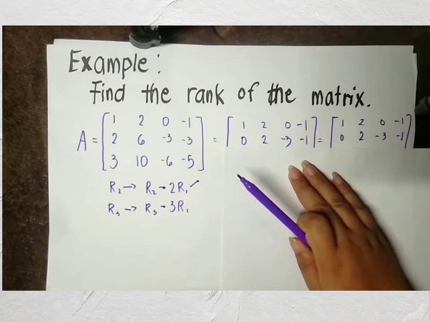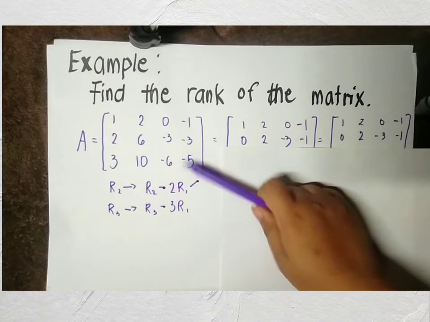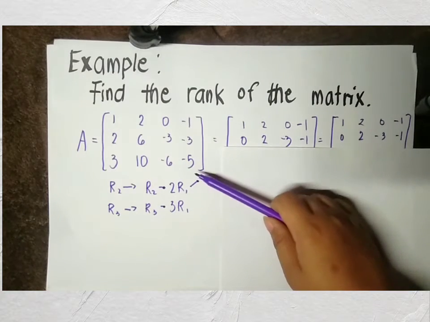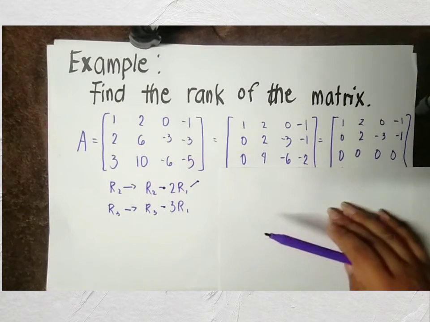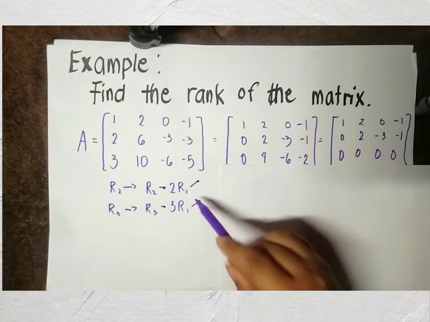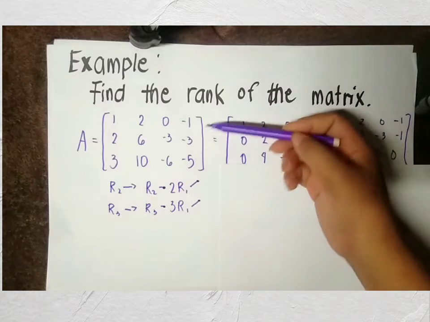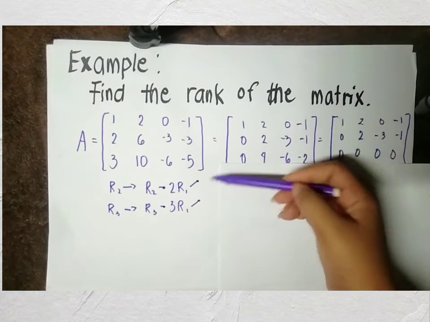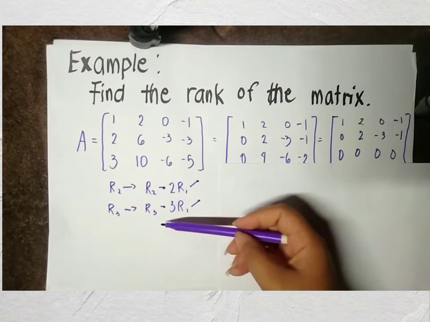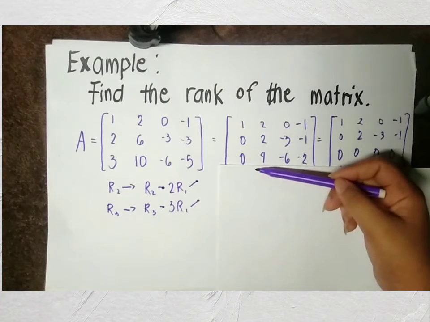And for the second row, we used the formula, so I came up with this answer. For the third row, I use this formula, R sub 3 minus R sub 1. I multiplied the first row by 3, and then subtracted it from row 3. And then I came up with these answers.